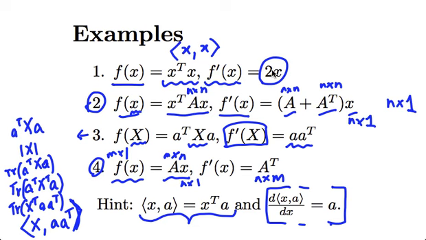So the 2 happens because I need to apply the product rule, and the first time I take a derivative with respect to one of them, I get x, and the next time I take a derivative with the other one of them, I get x. So that's why I get 2x. So I get 2x over here because I'm applying this rule as well as the product rule to differentiate with respect to both of them separately, right?